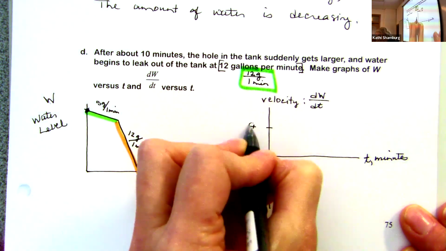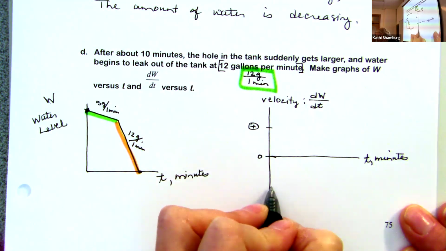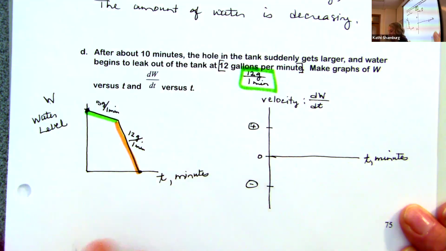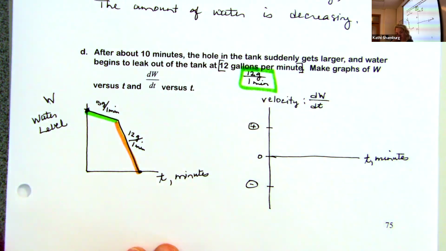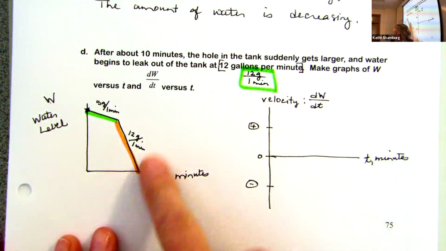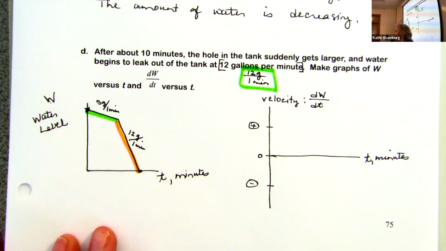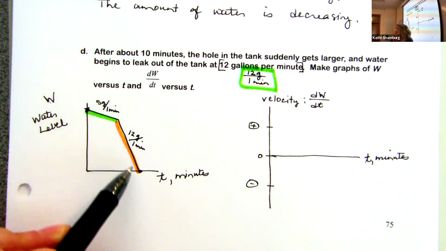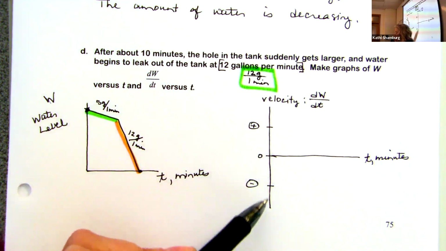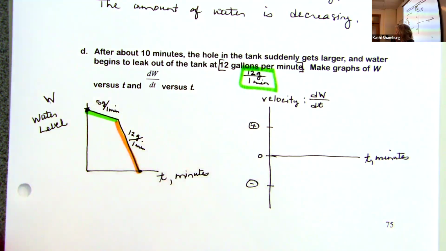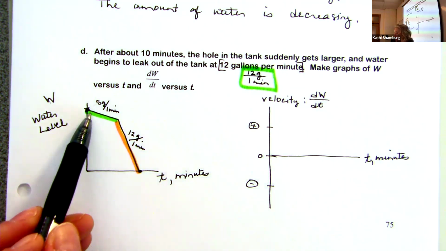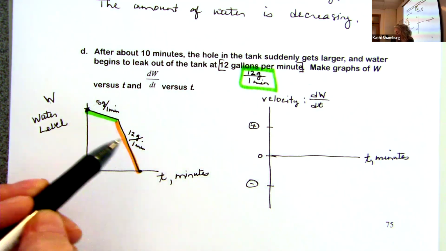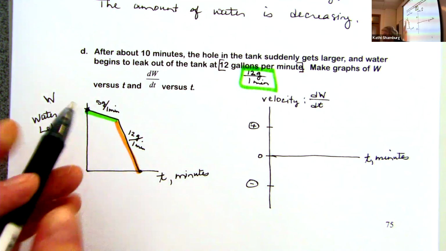Up here is positive, and down here is negative. So when this is decreasing, where will it be on our graph? Positive or negative? Negative, right? Decreasing is always negative. The only difference is it was a slow decrease and then a fast decrease.